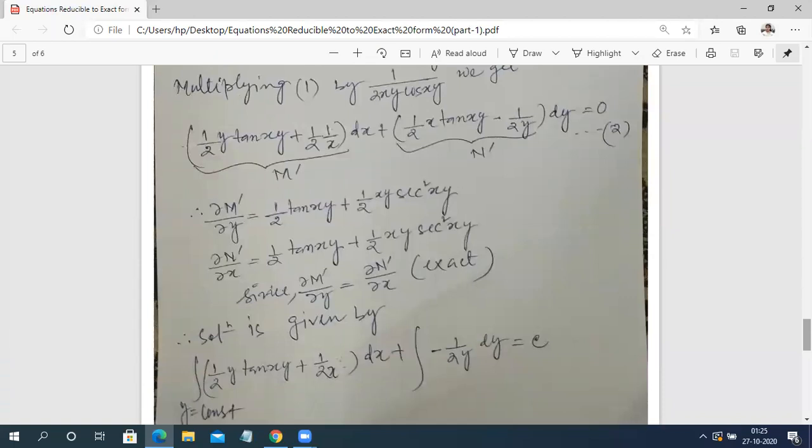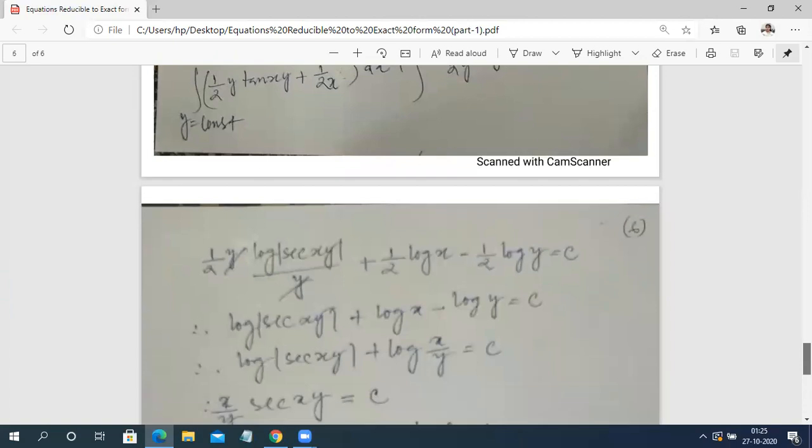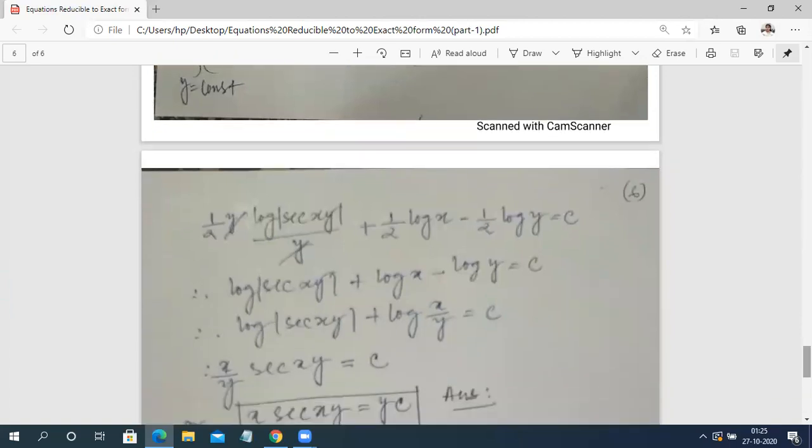So the solution is given by integral of m dash with respect to dx, keeping y as constant, plus the terms in n dash which are free from x, that is only minus 1 upon 2y, dy is equal to c. And after integrating, we will get the answer like this.